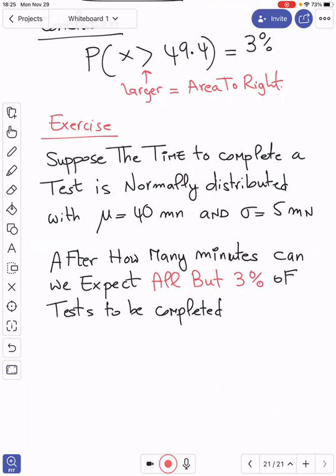So yes, let me explain this. First, the time to complete the test is normally distributed.